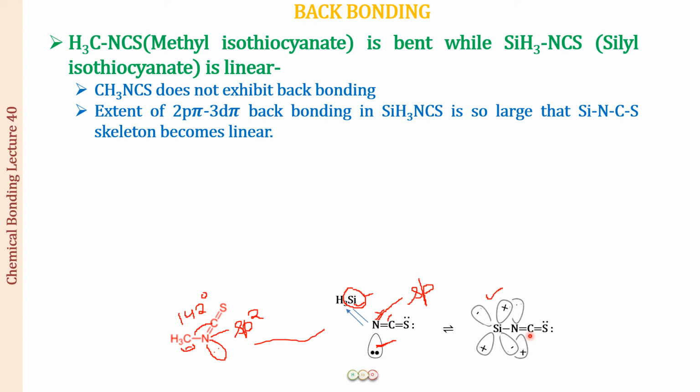Now there is one more thing which is not related to back bonding, but I am not teaching you back bonding alone. I want you to be perfect in all the concepts. There is one more thing I want to add about methyl isothiocyanate. Just now we said that this nitrogen is sp2 hybridized.